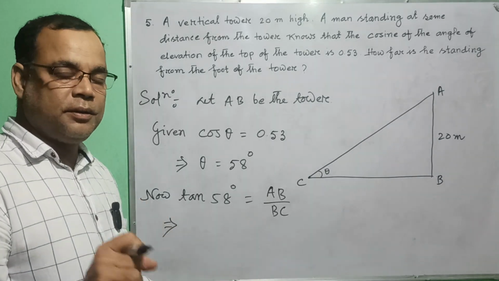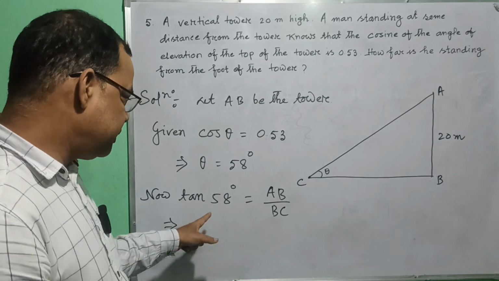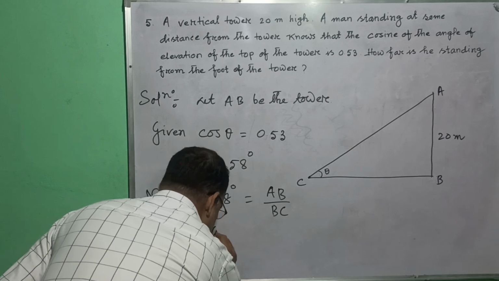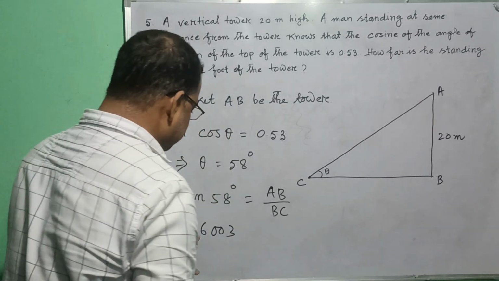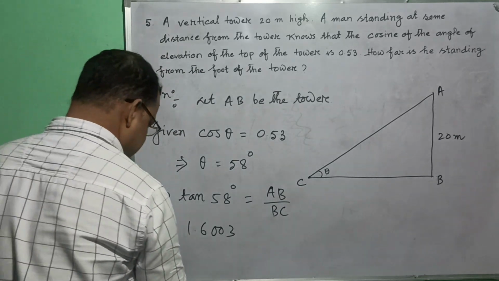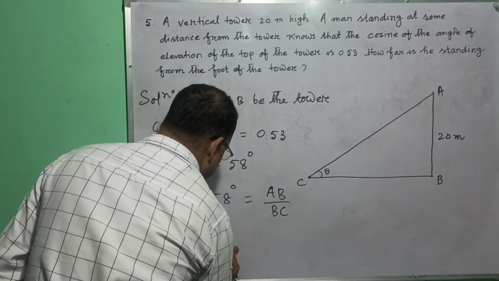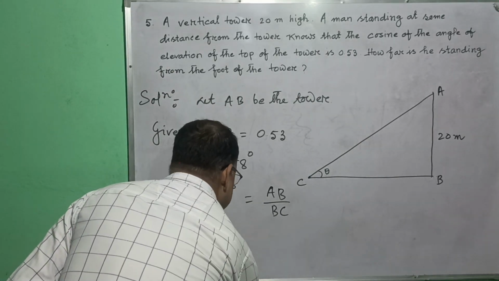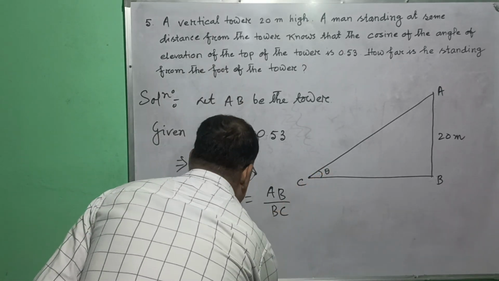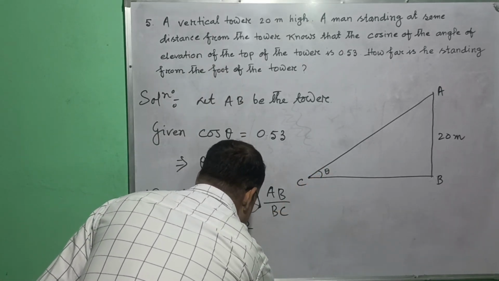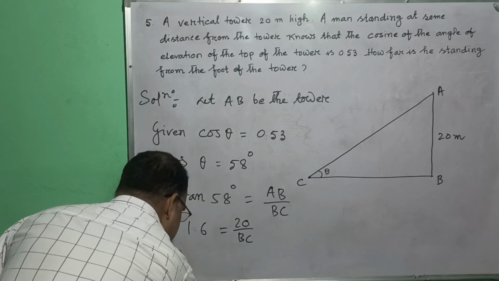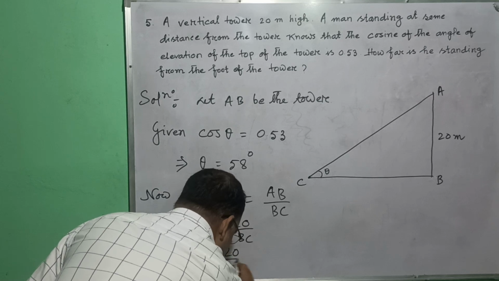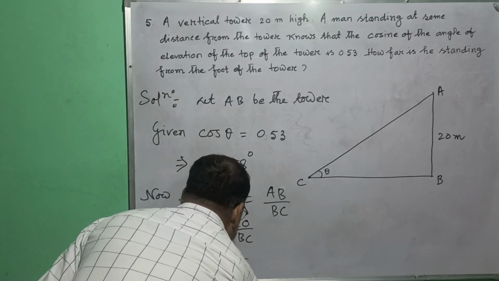Again we need the trigonometrical table, and the value is 1.6003. We will take only 1.6, we are not taking the 0.003. So 1.6 equal to AB is 20, so 20 by BC. This implies BC equal to 20 by 1.6.